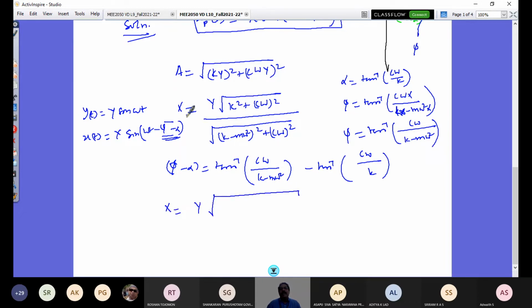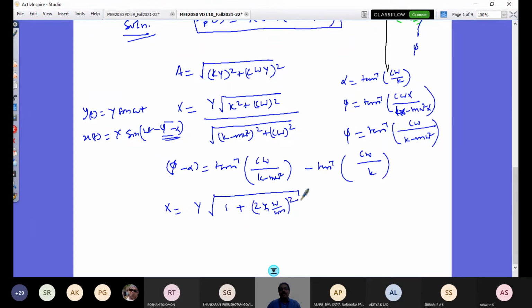So what I have to do for that, take amplitude and divide numerator and denominator by k. So k by k, multiply this by k. So that's going to be inside, that's 1 plus C omega by k whole square, that we have seen 2 zeta omega by omega n.